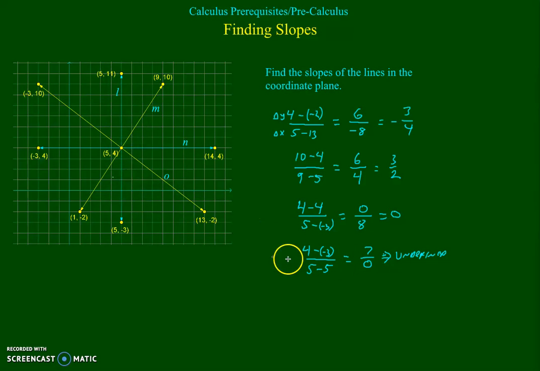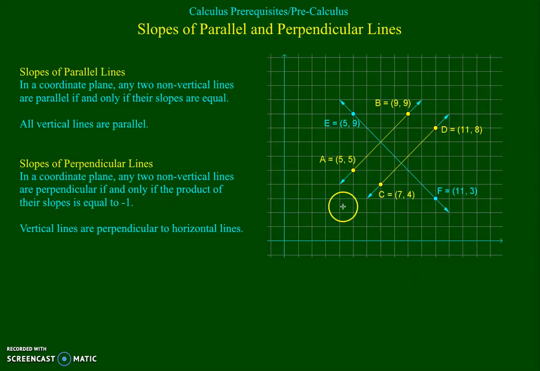All right, so that's the basic idea of how to find slope. Hopefully that came to memory pretty quick. Let's look at the issue of slopes of perpendicular and parallel lines. Now here we have two lines that appear to be parallel and one line that appears to be perpendicular, but we never trust the picture. Let's calculate the slopes of these two lines, AB and CD.